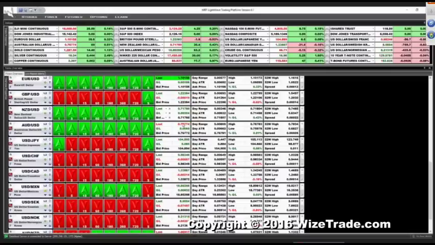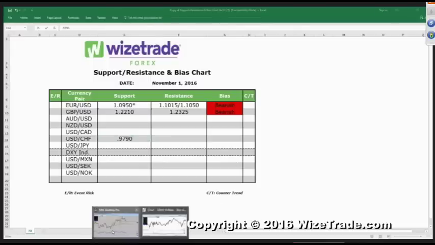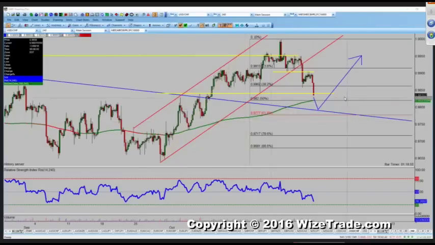Pound's not going. It's interesting. Okay, sorry. All right, so now this is good resistance for the Swissy, which is 99.05.